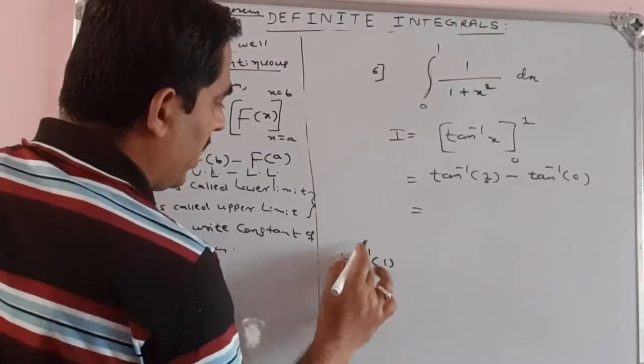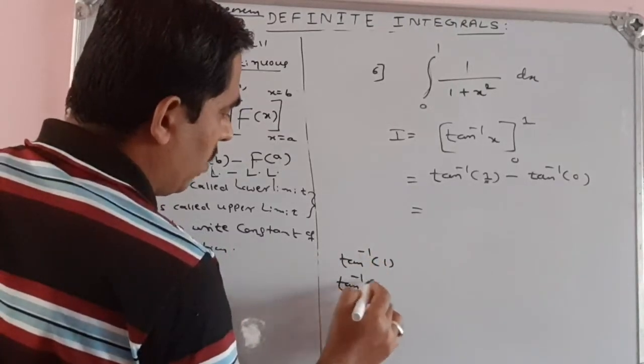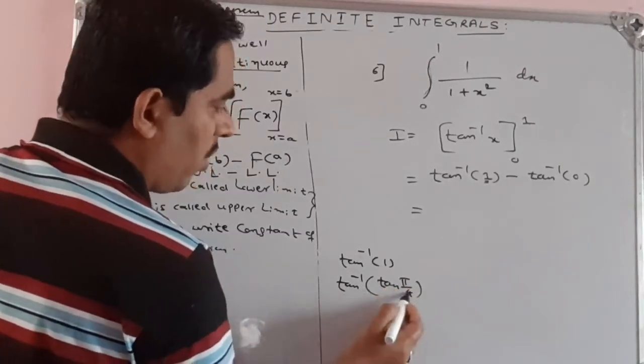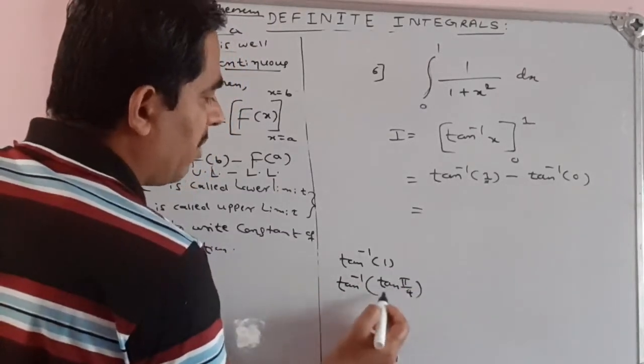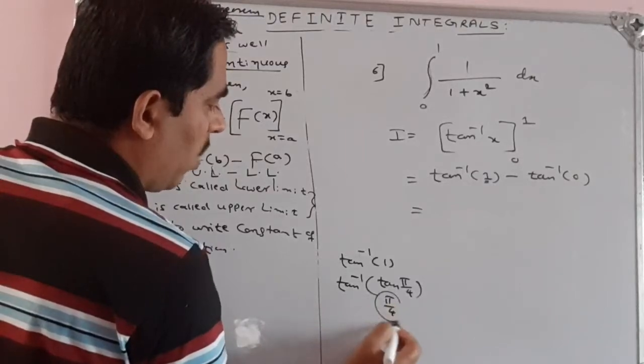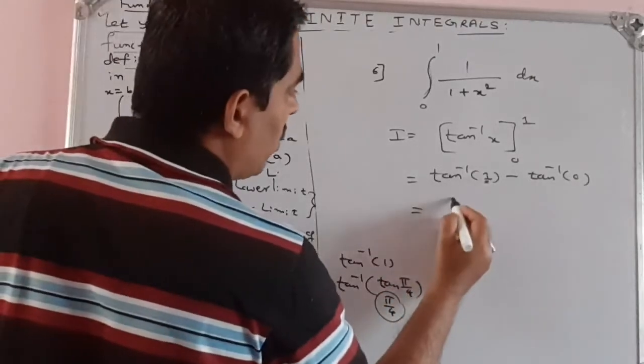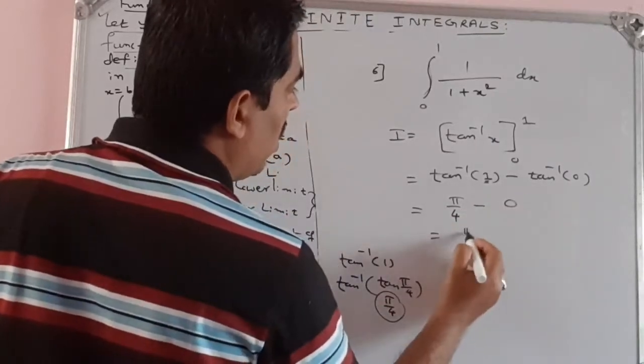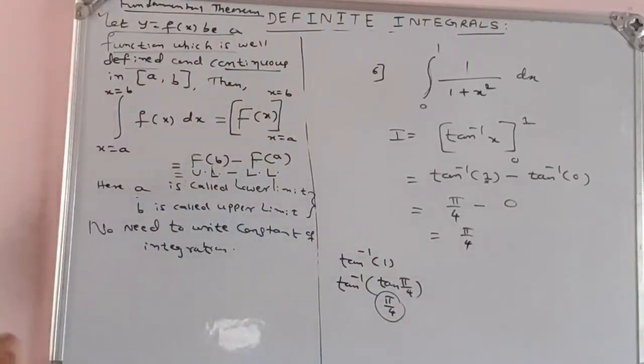Tan inverse of 1 means I can write that as tan 45. Tan 45 is 1. So tan inverse of tan pi by 4 gives me pi by 4. Pi by 4 minus tan inverse of 0, which is 0. So the answer is pi by 4.